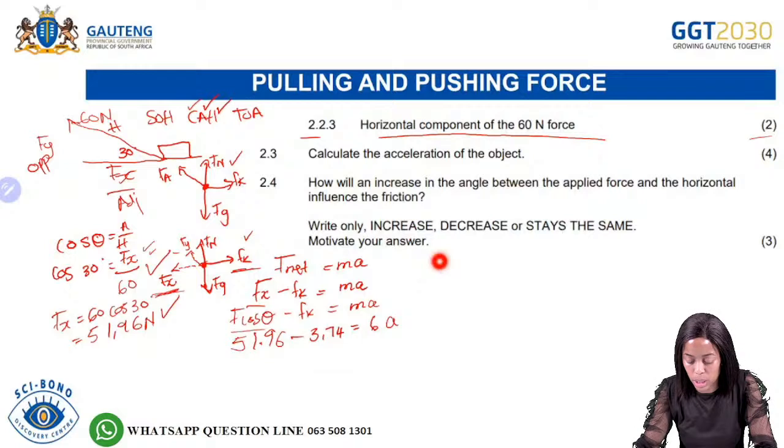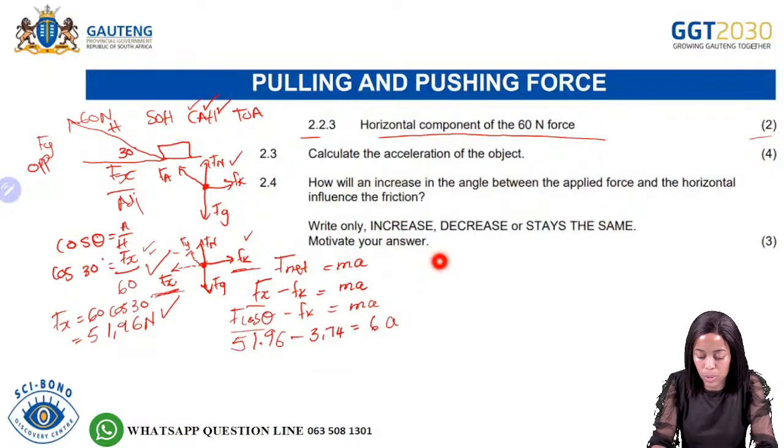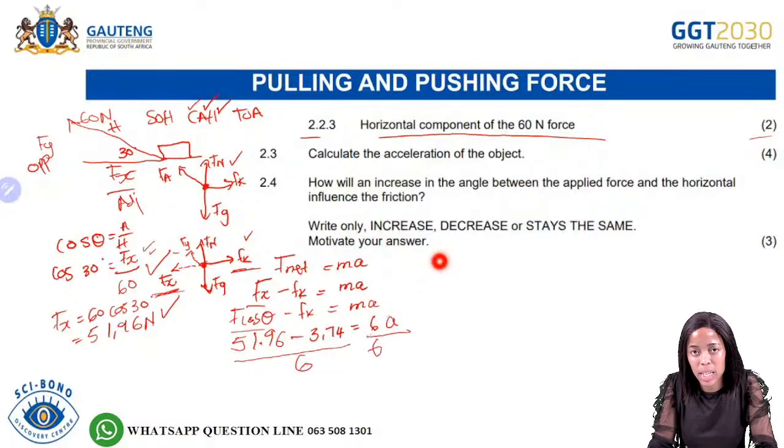With the friction, and then you divide both sides with the 6. So firstly, you will subtract what you have on the left-hand side. After subtracting, then you will divide both sides with what? With the 6.